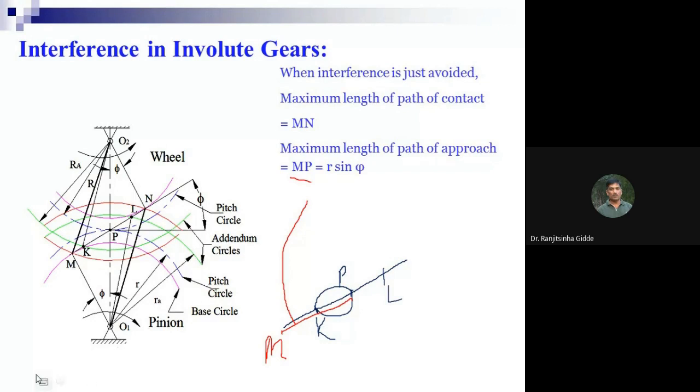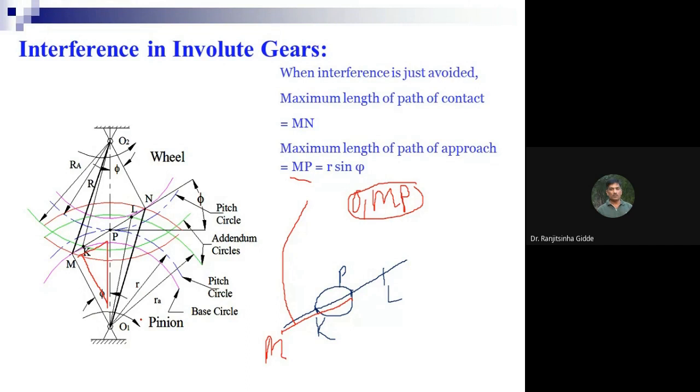Now we need to consider this triangle O1MP. This one triangle we have considered.